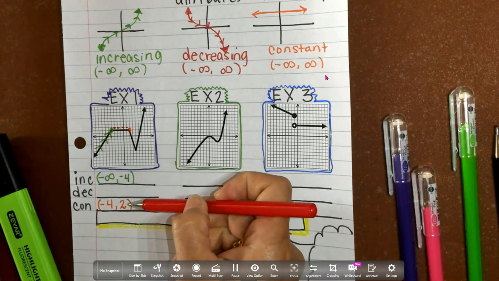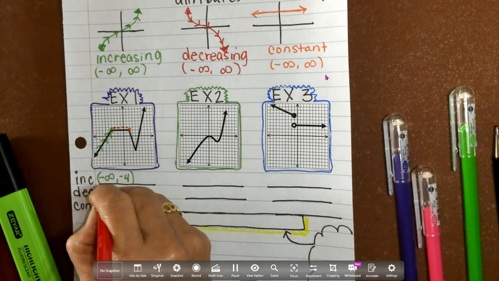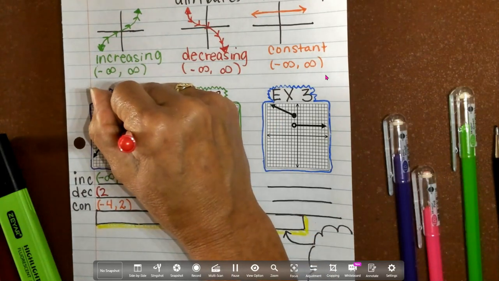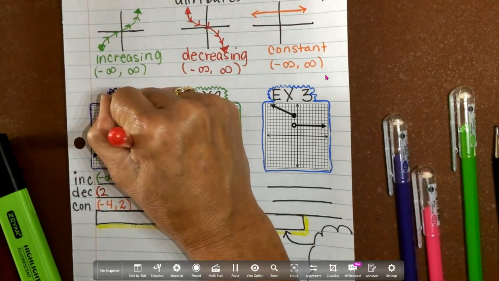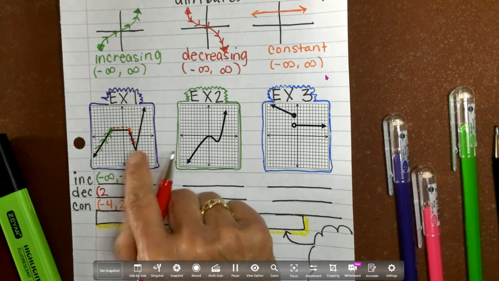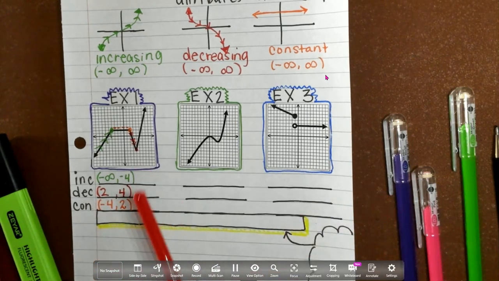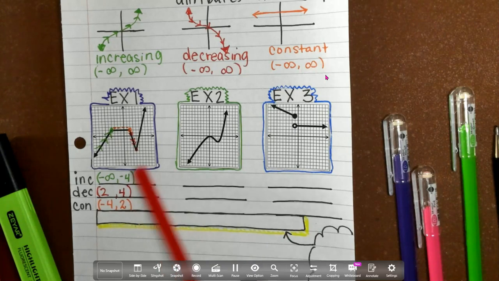So right where positive 2 left off, we're going to pick up, because where x is positive 2, it starts decreasing all the way down to this point. And remember, that point is where x equals a positive 4. Now, I wish I would have written just a little bit smaller on my increasing line, but that's okay.